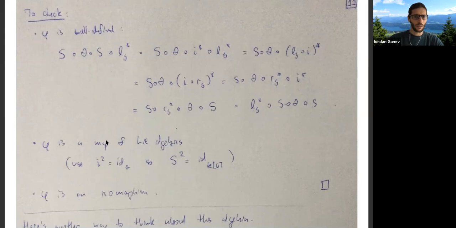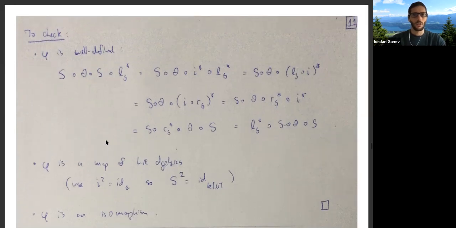And it's also an isomorphism. There's various ways to see this. I guess the easiest way is to show directly that if we take a left invariant vector field and do the exact same map, take it to S composed with theta composed with S, then we get a right invariant vector field.